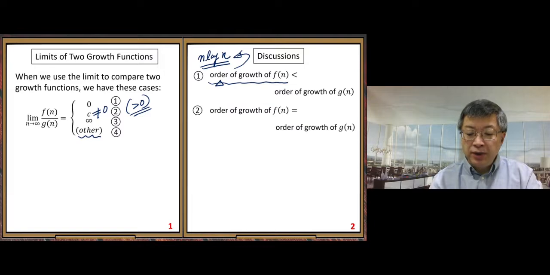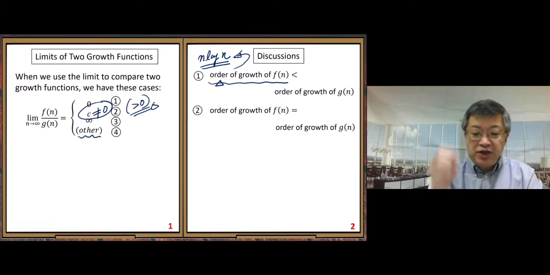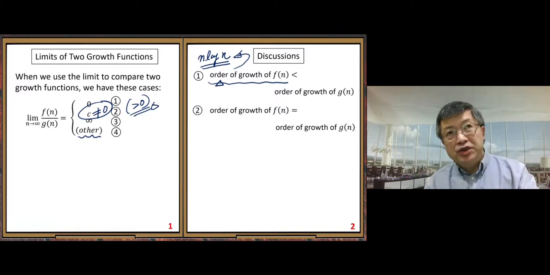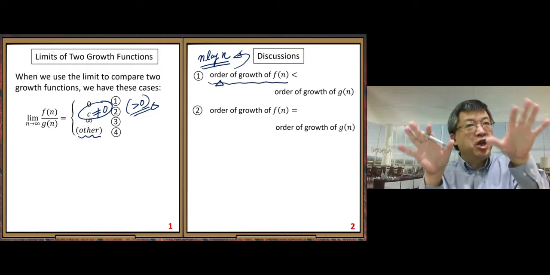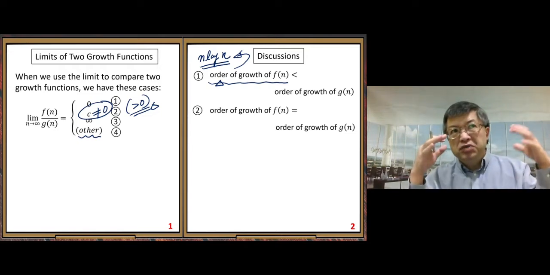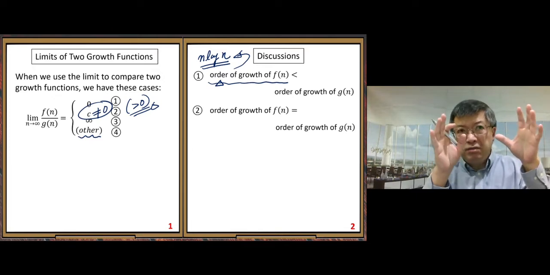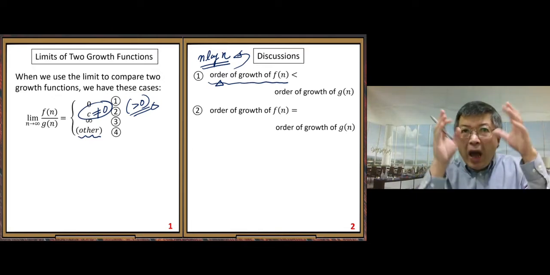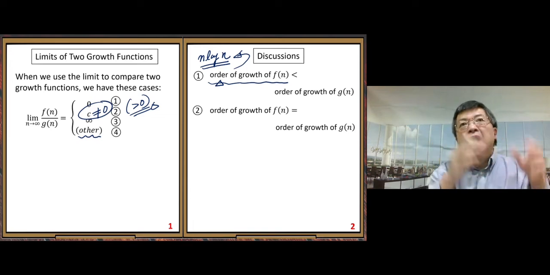That's case number 2. Non-zero positive constant c. In that situation, we can say these two functions have the same order, because the difference is just a constant multiple. In our algorithm context, that does not change the order.